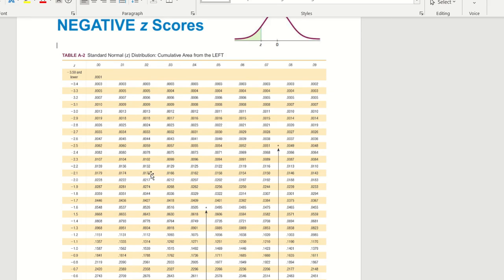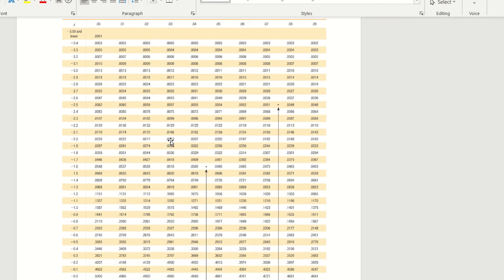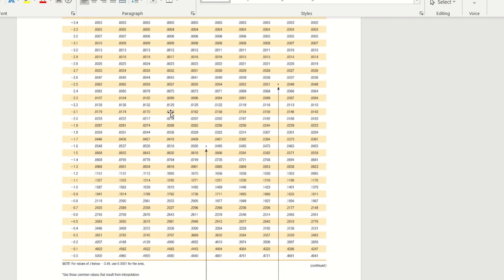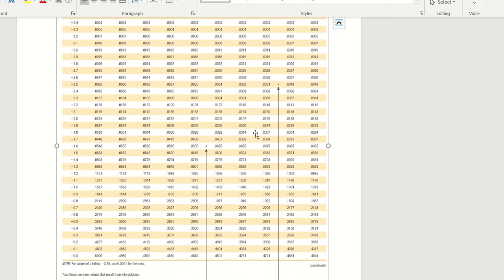So the first one is 0.025. We're not looking for the z-score, but the area. So 0.025. 0.02 is here, 0.025 right here. What is the corresponding z-value? Negative 1.96.